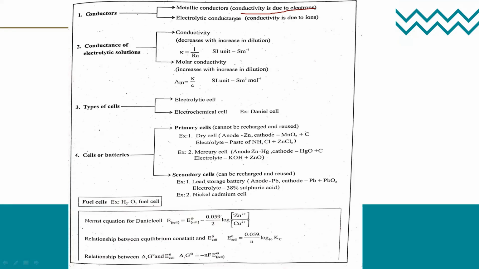Electrolytic conductors are those substances which allow the passage of electric current, but either in their molten state or in their aqueous solution state. Here the conduction is due to ions.